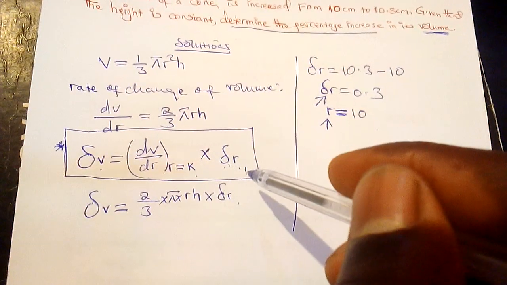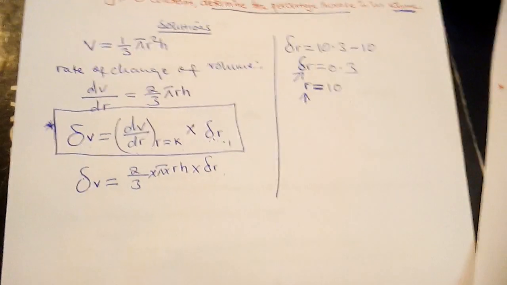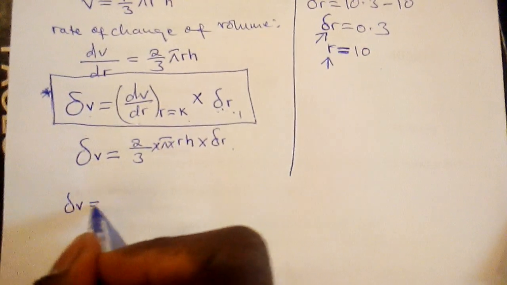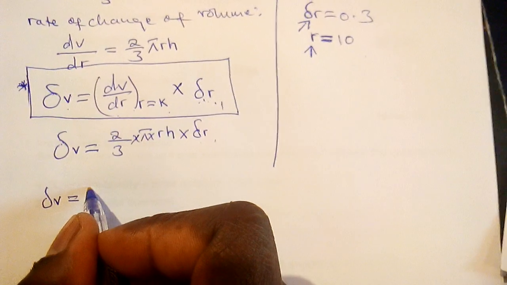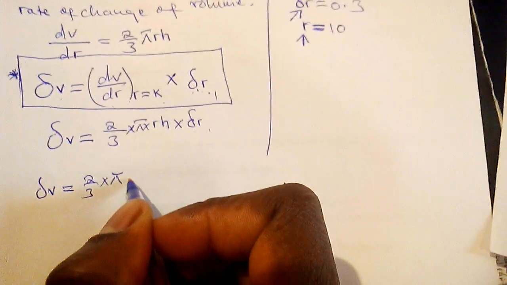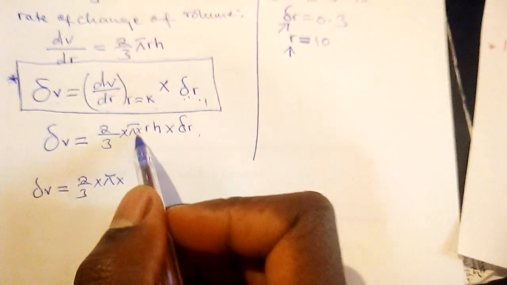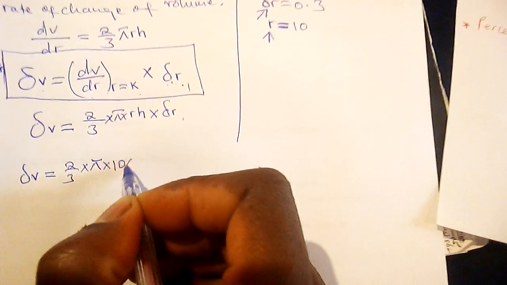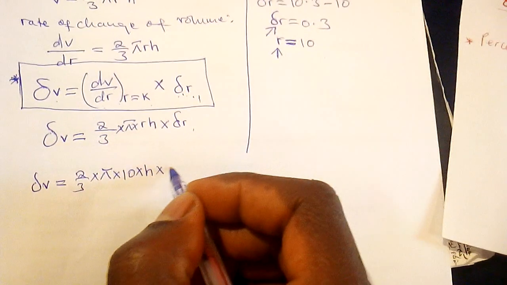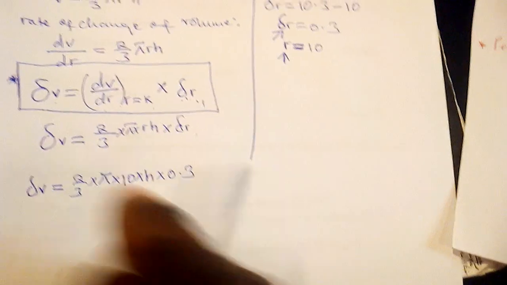In this particular formula. Let's see how we get going. So change in volume is given by dV/dr, which is 2/3, times pi, times r, we know r is 10, times h is constant, times change in r, we know it's 0.3.